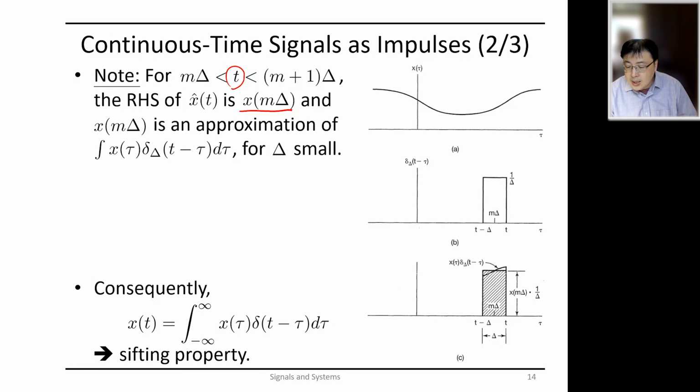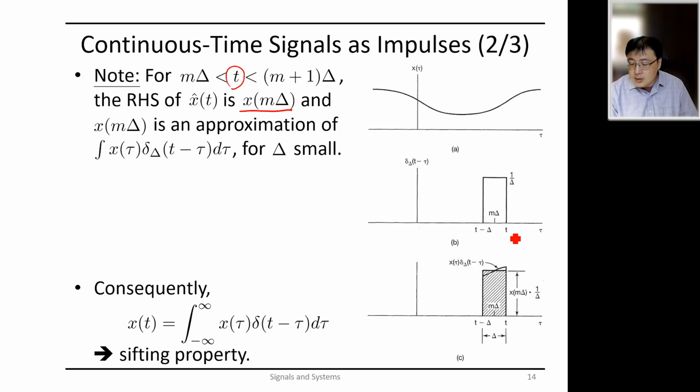Because it's time reversed and shifted to time t, it would look something like this. You would have a rectangle that is magnitude 1 over delta from t minus delta to t, about this m capital delta here.